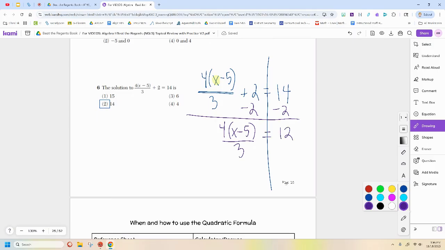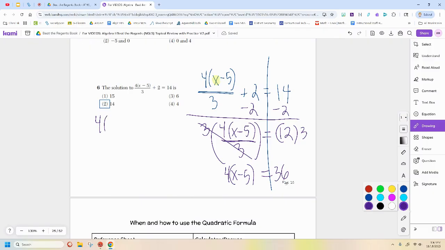All right. Now, this is where you might choose to cross multiply or do something different. I'm going to say the opposite of divide by 3 is to multiply by 3. So that means I have to multiply this side by 3. I now have 4 times x minus 5 equals 36. I'm going to move my work over here.